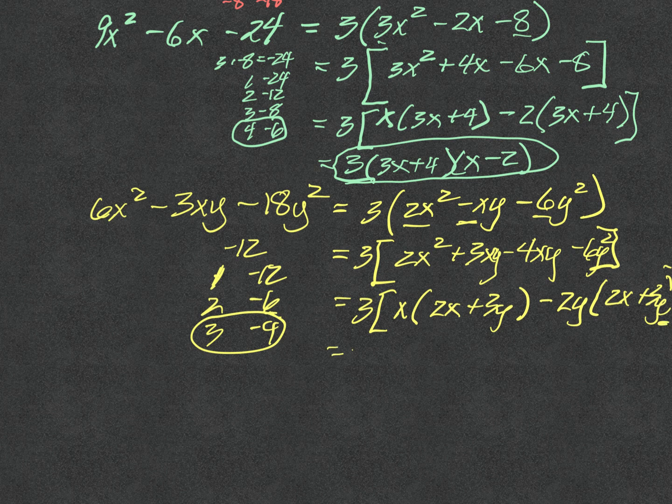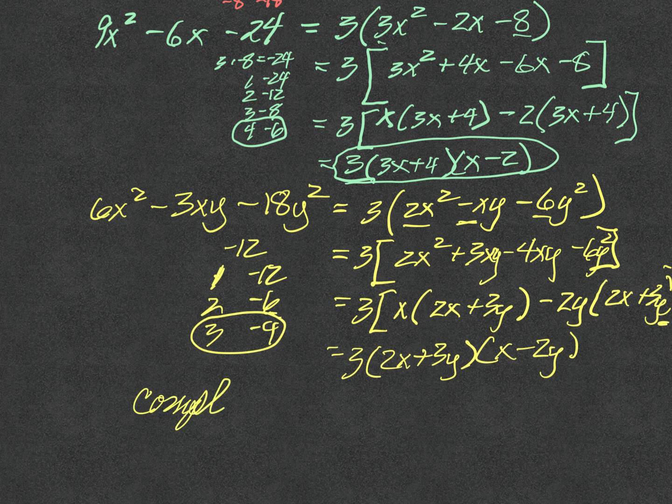And then we can wrap it up. 3 times the common group, 2x plus 3y, times what's left, x minus 2y. And there you go. So these last two problems are examples of completely factoring, right?